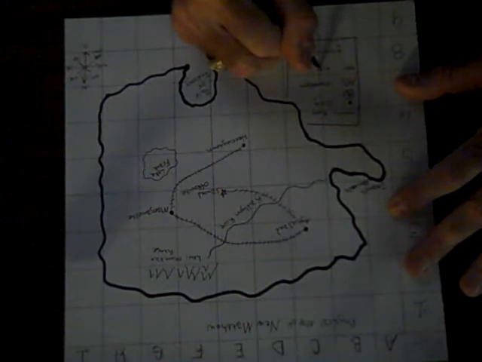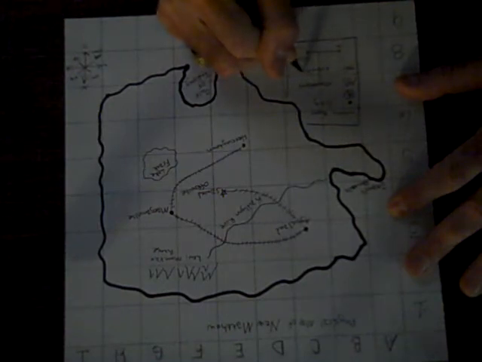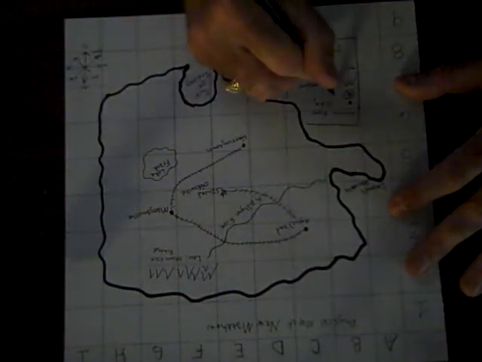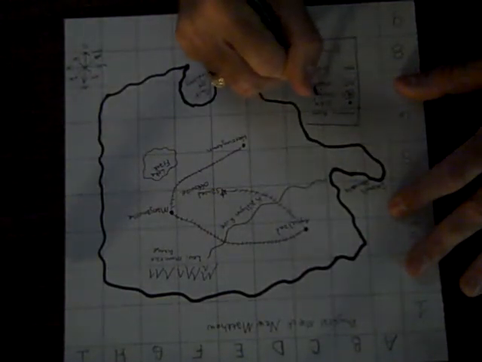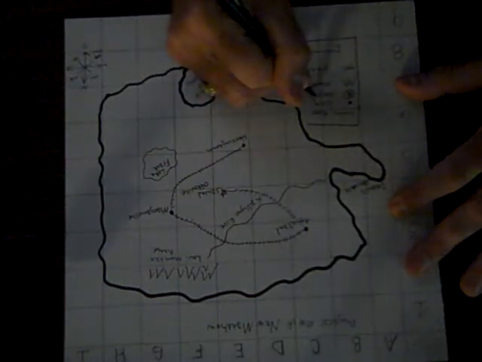So my fifth symbol will be train tracks. Okay. I have my capital, I forgot to label that. My capital city. Okay. And so if I do all of this, I have met all the criteria for the rubric for my map.